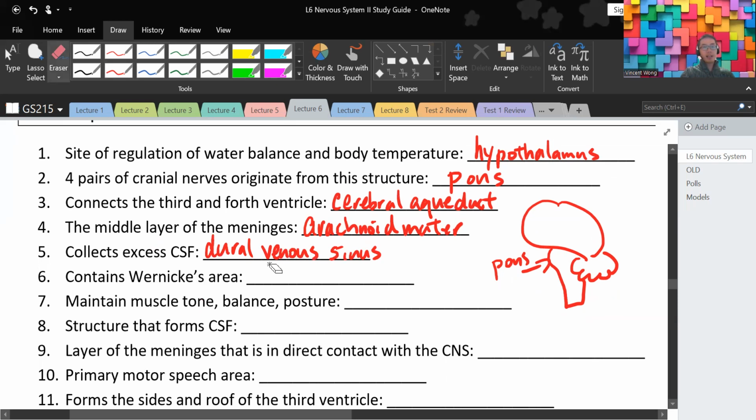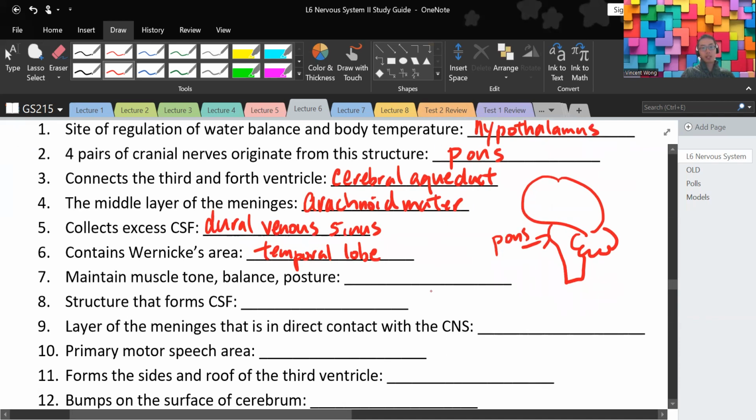Contains the Wernicke's area. That would be the temporal lobe. Again, the Wernicke's area allows you to understand speech and written stuff. Maintain muscle tone, balance, and posture. That is the job of the cerebellum.